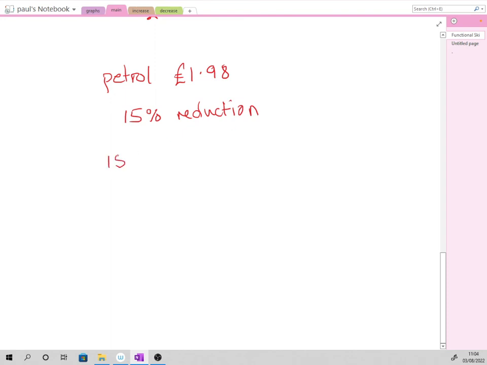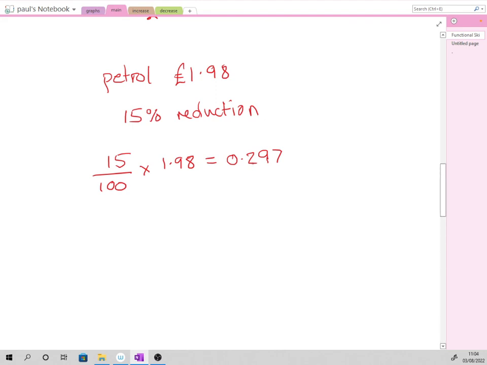Okay. So we find out first of all what 15% of £1.98 is, which is going to be 15 divided by 100 times 1.98. It comes up as 0.297.